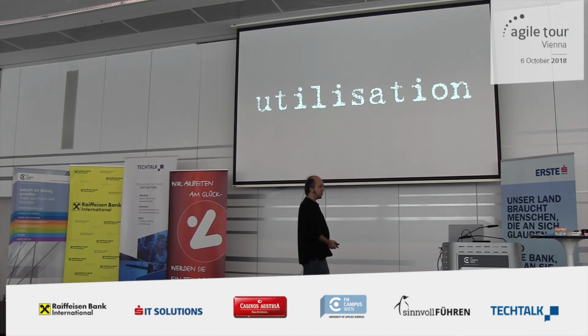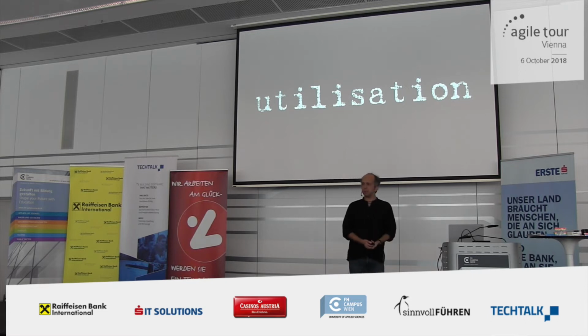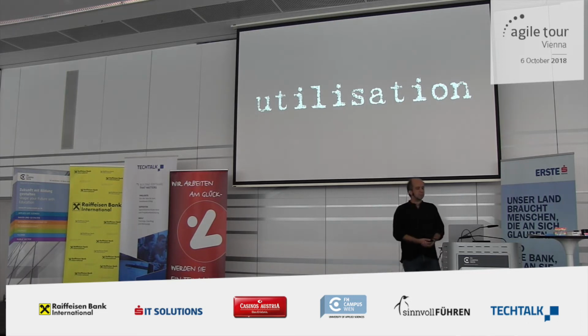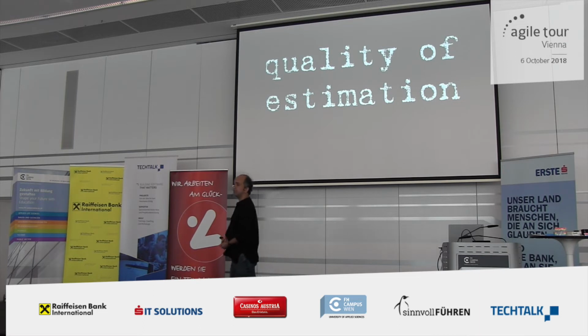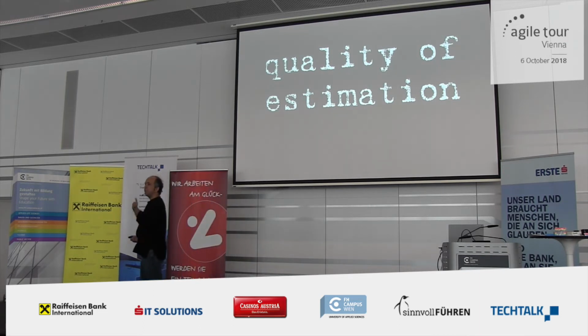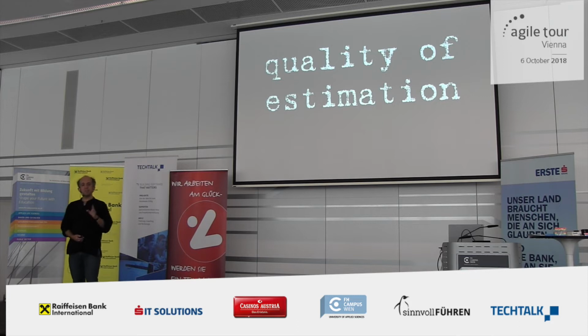So this is a utilisation measure. It does measure something, it's just not anything to do with velocity. It's not even a measure of speed. In what sense it is, I guess it's a measure of traffic congestion. The other thing it might measure is quality of estimation. So there are all these things it might be measuring, but the one thing that it doesn't is velocity.